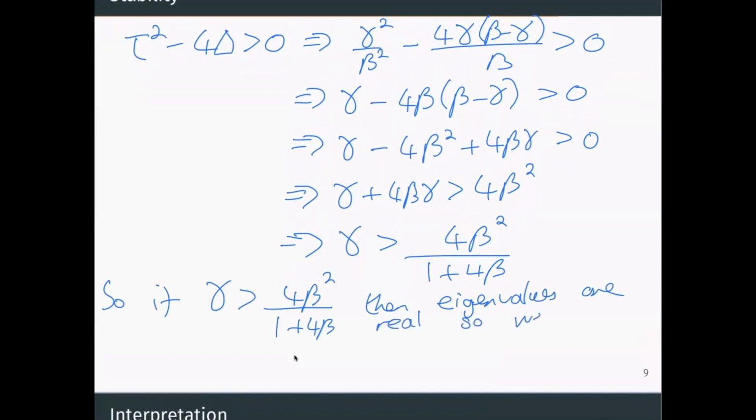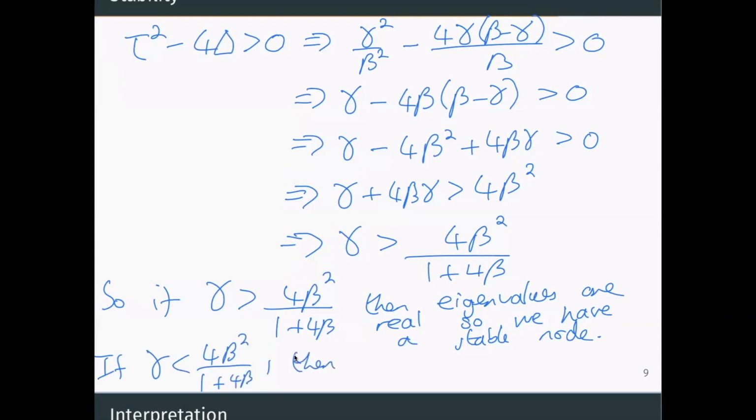So we have a stable node. And if gamma is less than 4 beta squared over 1 plus 4 beta, then our eigenvalues are complex, and we have a stable spiral. In other words, we have damped oscillations.